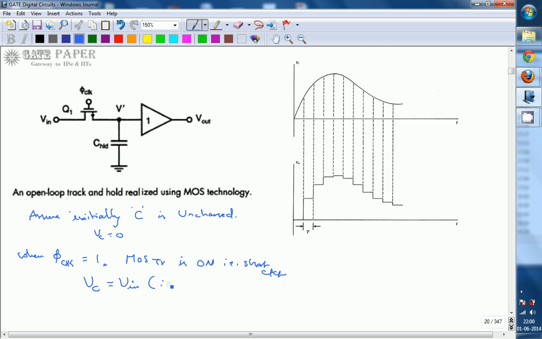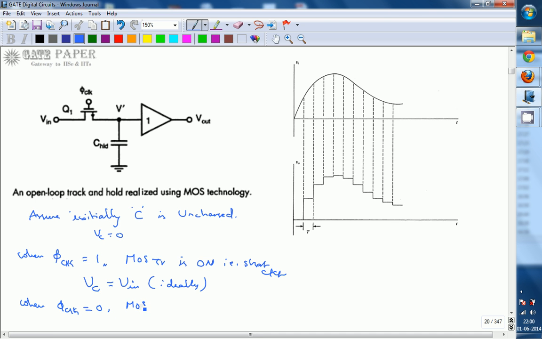The capacitor charges to the input voltage at that instant of time.